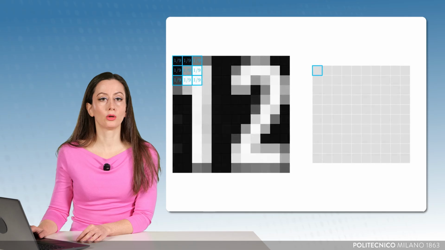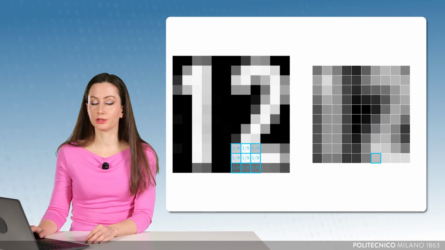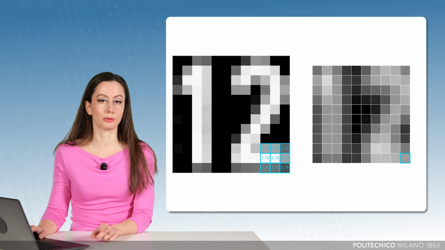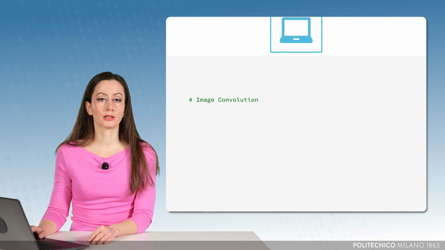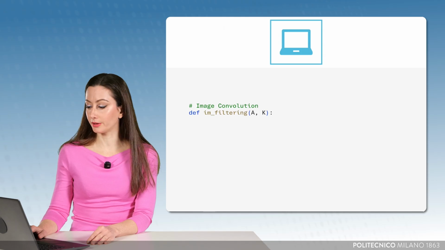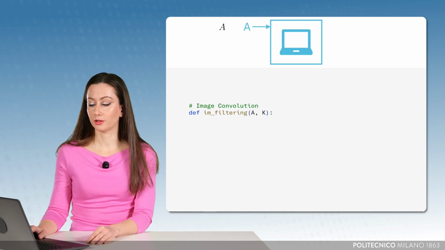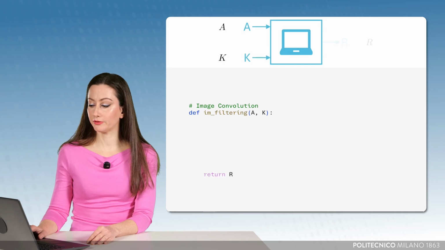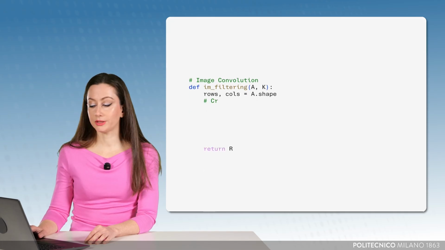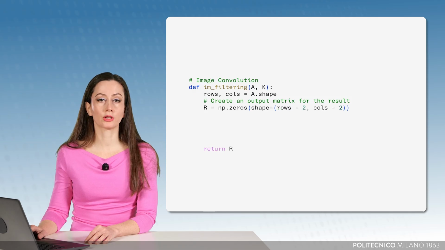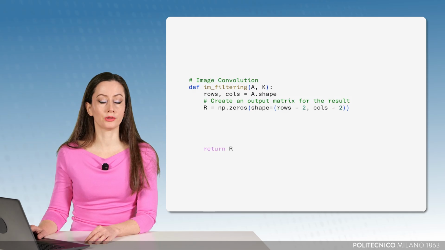Now, to process the whole image, we need to loop over all the internal pixels, considering all the rows and columns except the first and the last. For this, we create a second function called imFiltering that takes as input the image as a matrix A and the kernel K, and returns the filtered image R. As we have seen, we only process the internal pixels of the image, so our filtered image will be smaller than the original one.